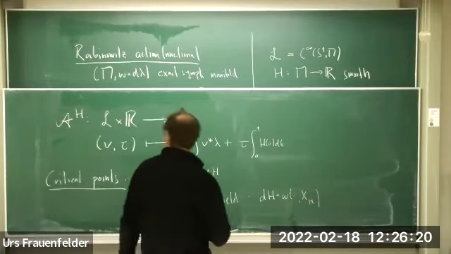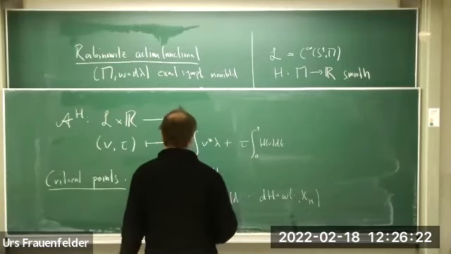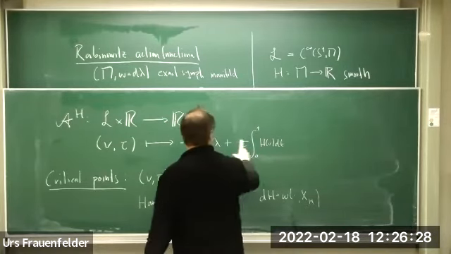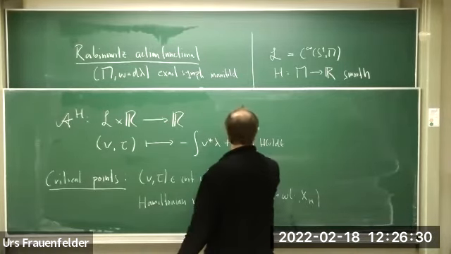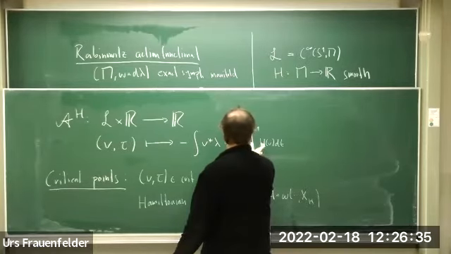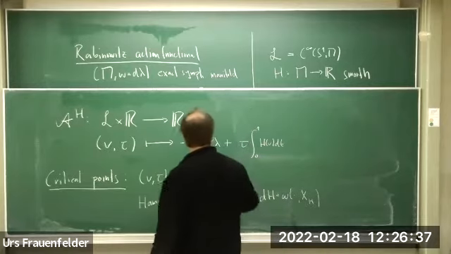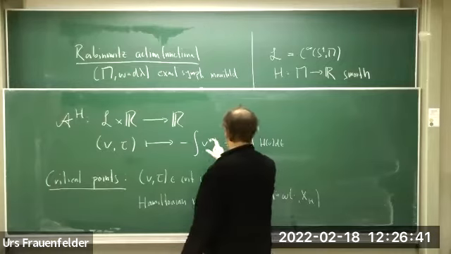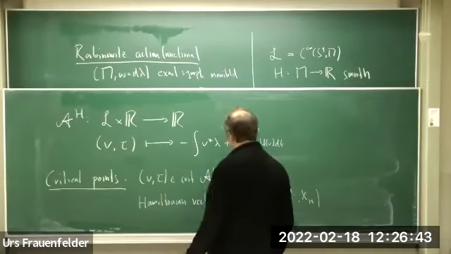And then if we differentiate with respect to the loop, if we freeze in this Lagrange multiplier, this is just the usual action functional of classical mechanics for τH. And so if we differentiate with respect to the loop, we get the Hamilton equation.